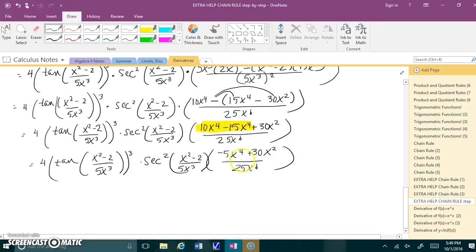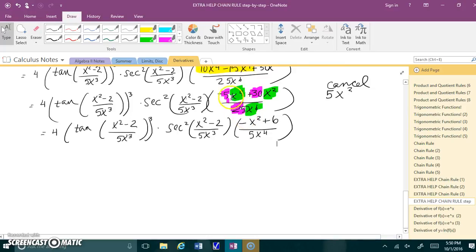So now I'm going to look at this and say, okay, I have x to the fourth, x to the sixth, and x squared, and then I have 5, 25, and 30. Then you want to think, is there anything they all have in common that you could cancel out? And in fact, here you have 5x squared that you can cancel out of all the terms. So I'm going to do that next. Once you cancel, you have negative x squared plus 6 all over 5x to the fourth left over.